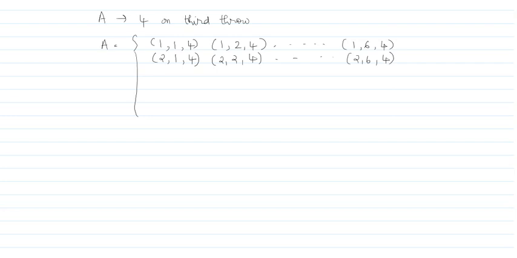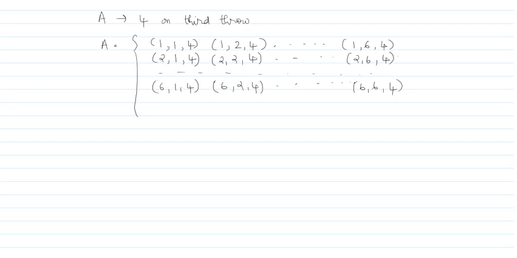Then you can write all different possibilities: 6, 1, 4, 6, 2, 4, etc. to 6, 6, 4.